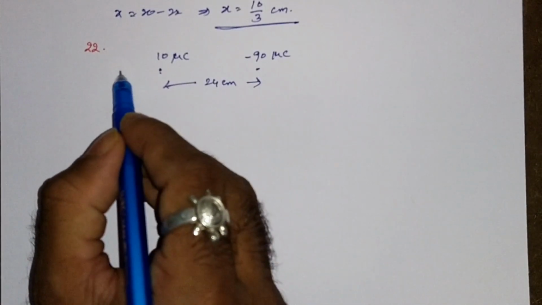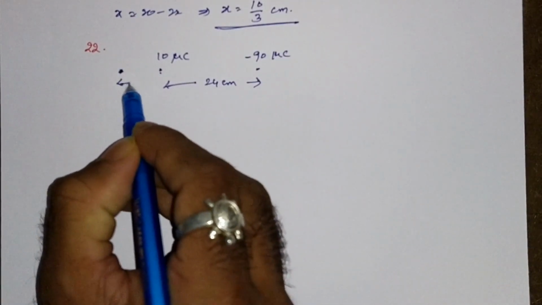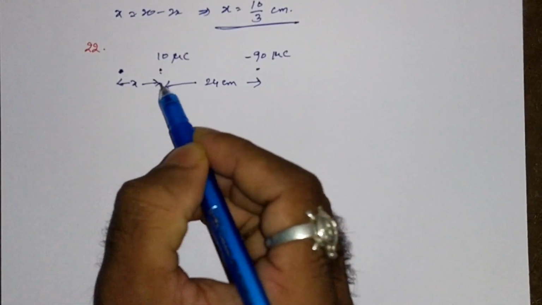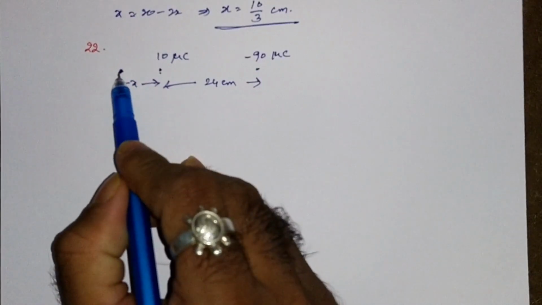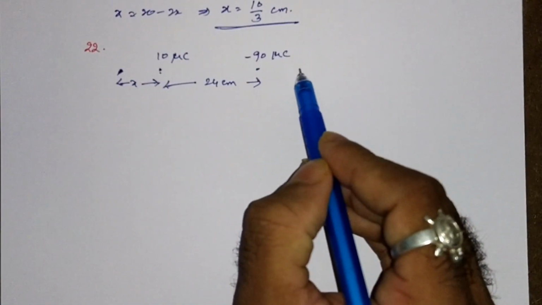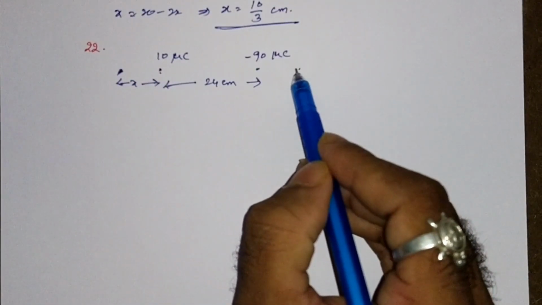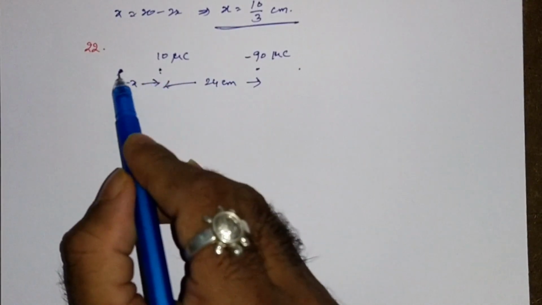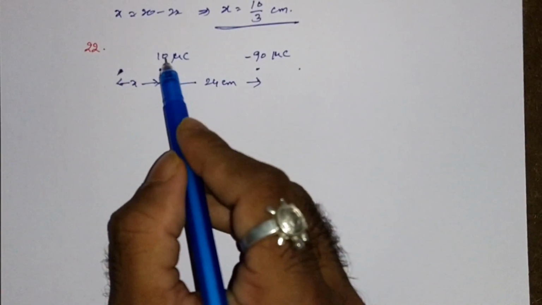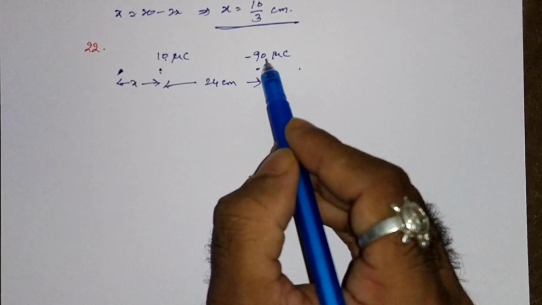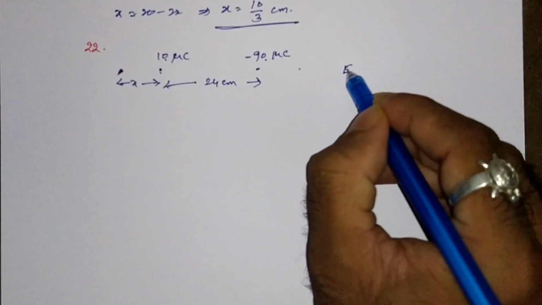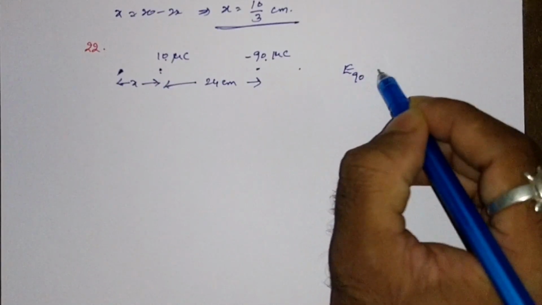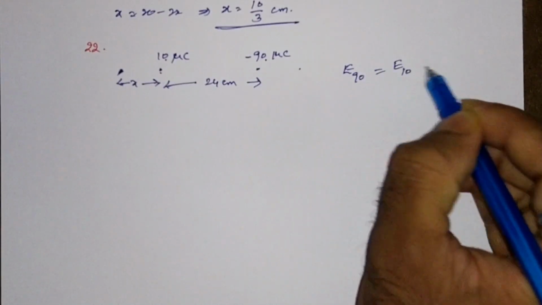Let us take that point to be here at a distance of x. Previously I said, from the smaller charge you take that point, not towards the large charge. So here the electric field due to 10 microcoulomb should be equal to the electric field due to 90 microcoulomb. That means E90 should be equal to E10.